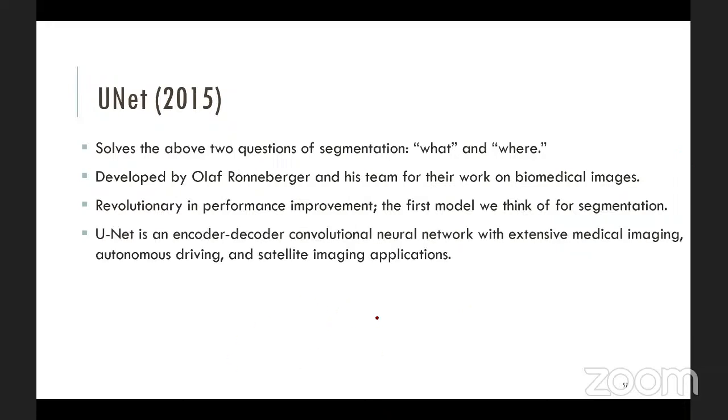UNet, as I showed you in the previous slide, is an encoder decoder convolutional neural network, which has massive, extensive use, of course for medical imaging, for which it was given. We are using it, like Samir is using, another student Amit is using, and so many students are using. Not only in medical imaging, but also in autonomous driving and satellite imaging applications.